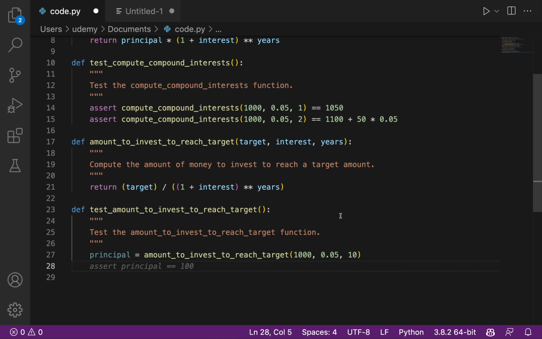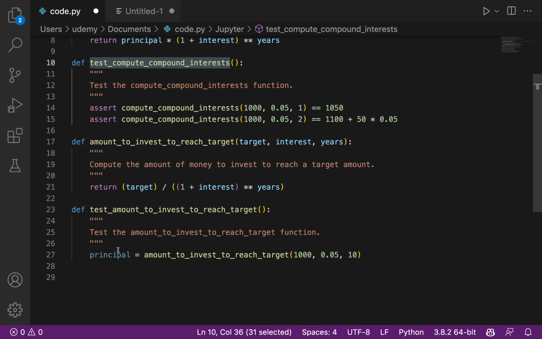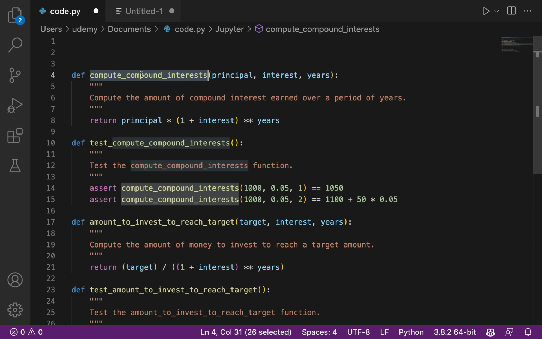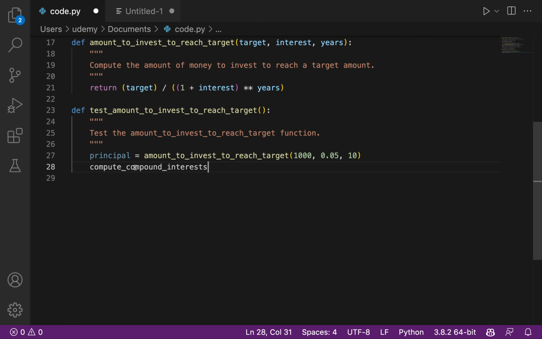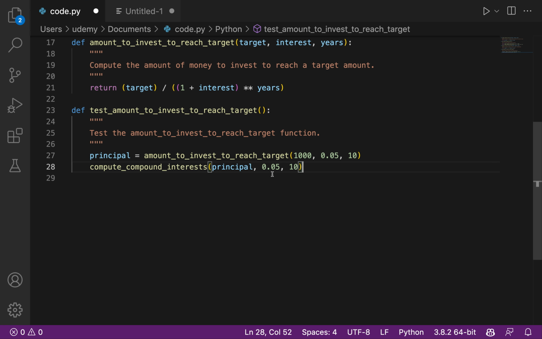But then what if I do this? If I just call compute compound interest with the principal, the same interest and the same period, now I should reach the target, which was 1000.